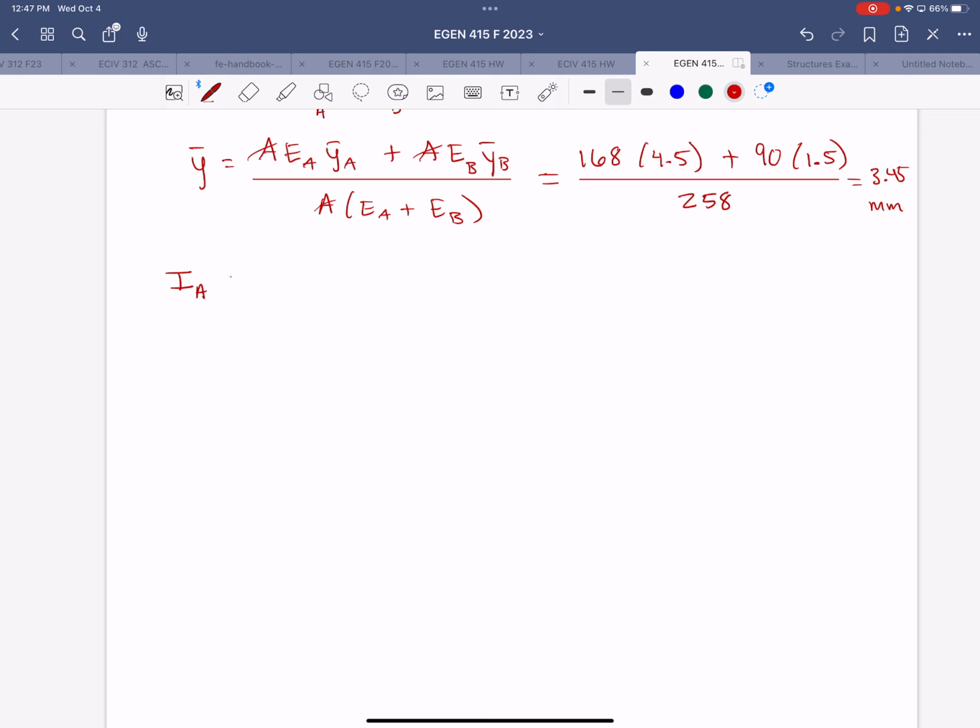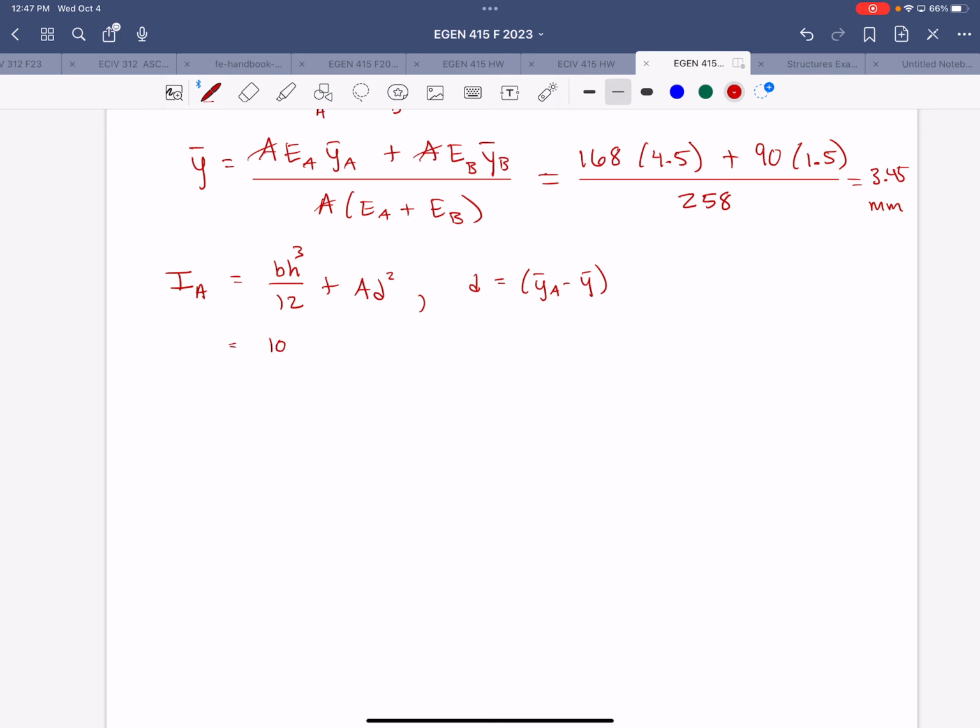Moment of inertia for each one. We'll have our formula BH cubed over 12 plus AD squared. So we have to apply the parallel axis theorem for both because their centroids are not the same as the centroid of the composite. So for material A, D will be equal to y bar A minus y bar.